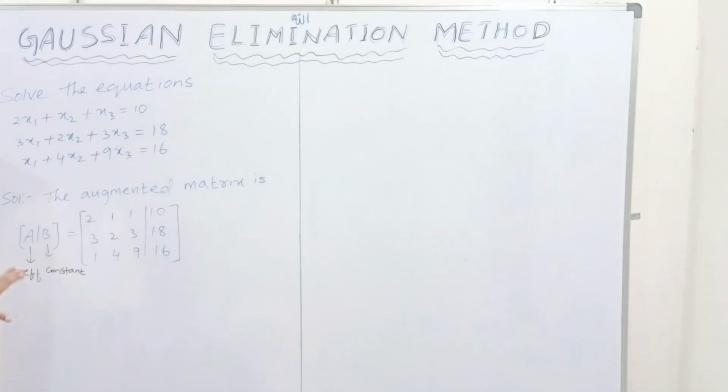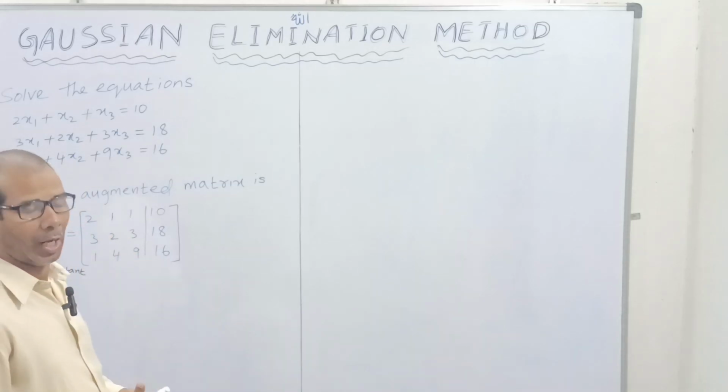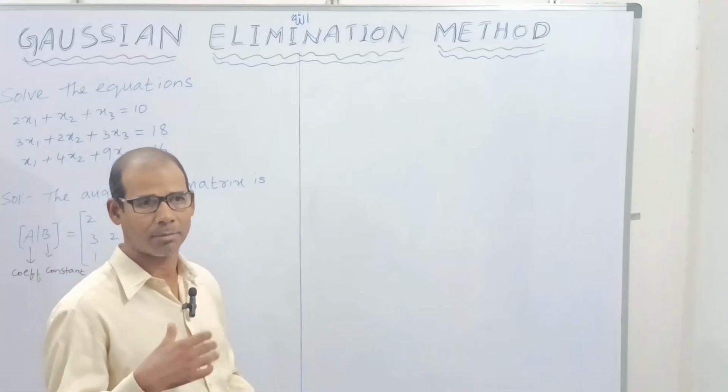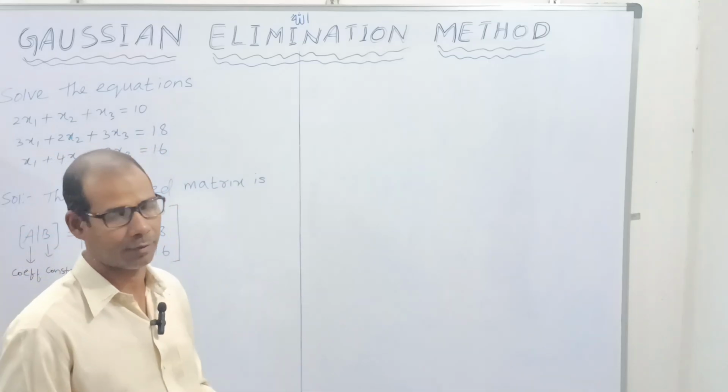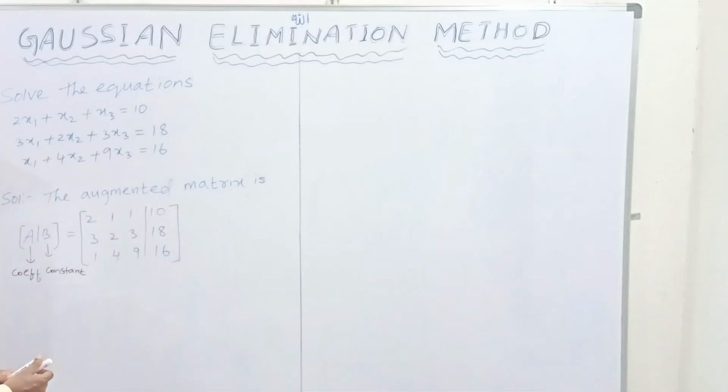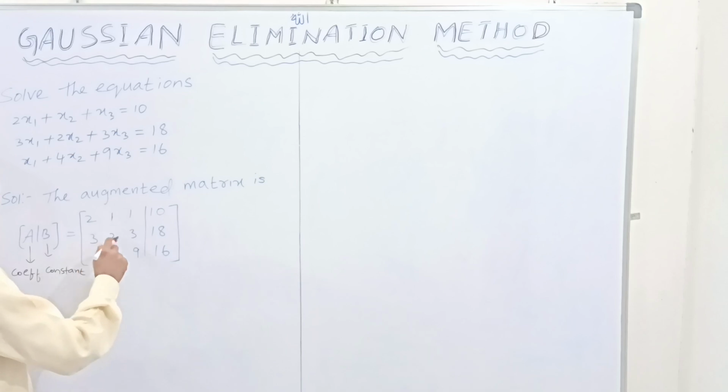Okay. So now the procedure to solve the system by using the Gaussian elimination method is we will reduce this matrix into an upper triangular matrix, and by backward substitution we can solve the equations. So how can we make this into an upper triangular matrix? Consider this 3 by 3 matrix.